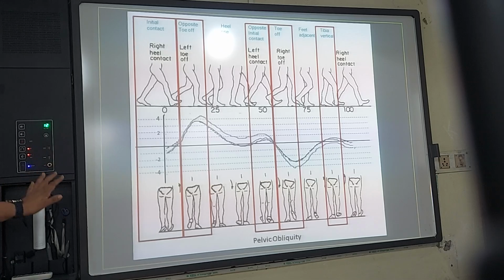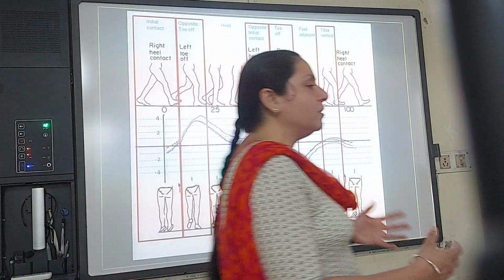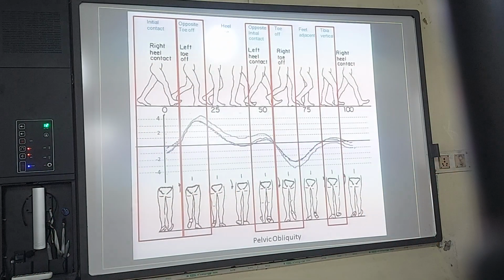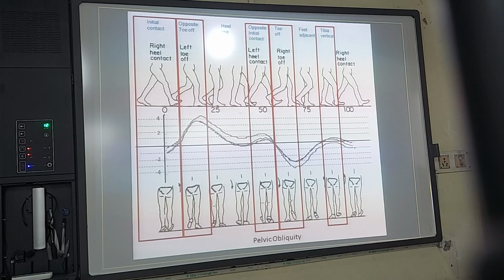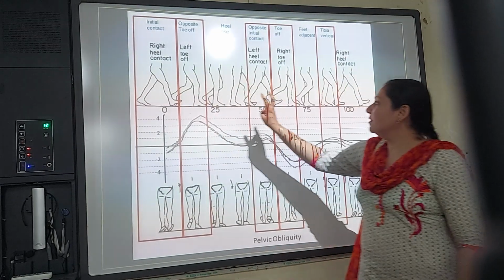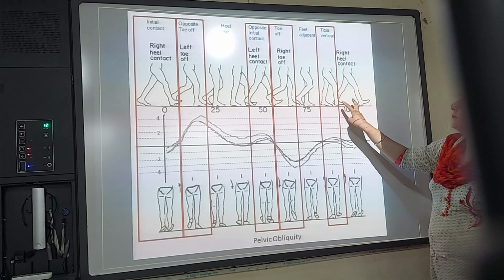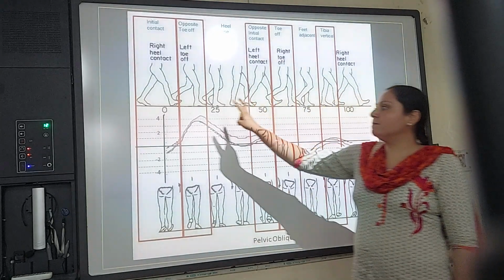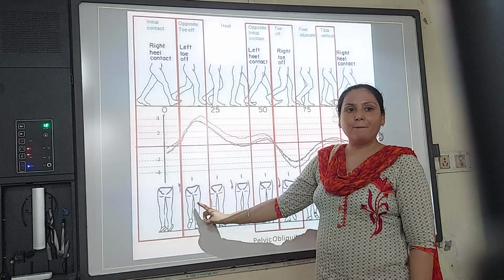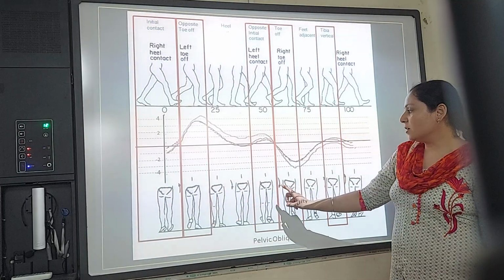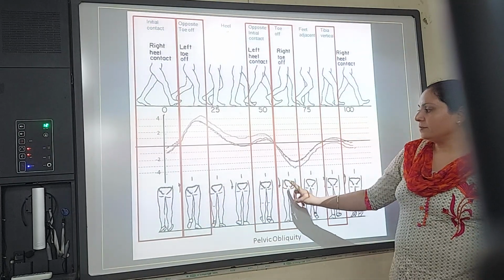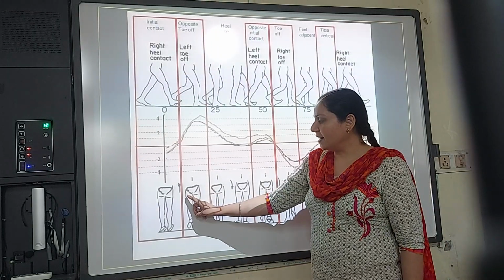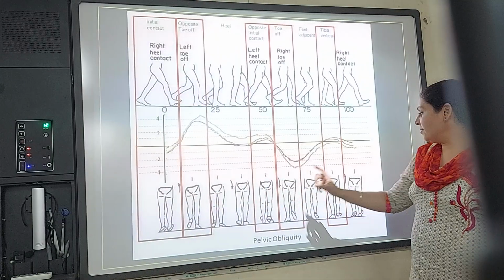Now what we see when we analyze it on that software is this. Can you see there are 3 phases where there is a double limb support, which I told you? Whenever there is a double limb support, can you see a drop happening? Observe this drop. This is a drop on the left. This is a drop on the right.